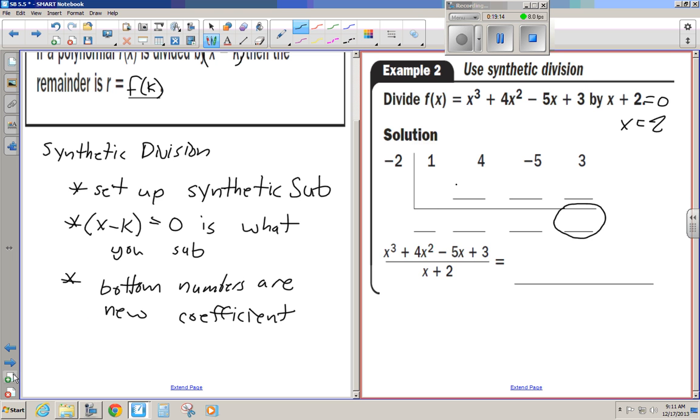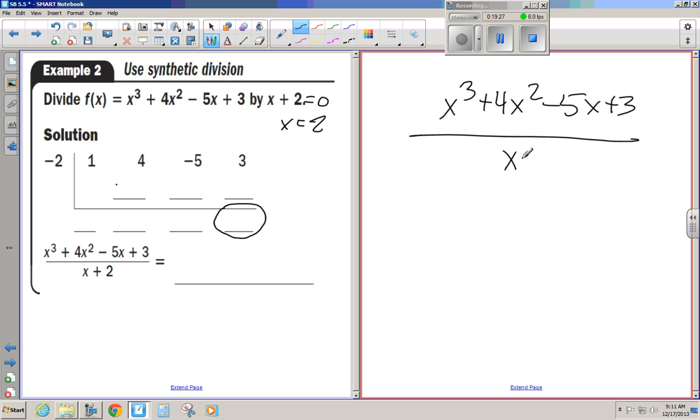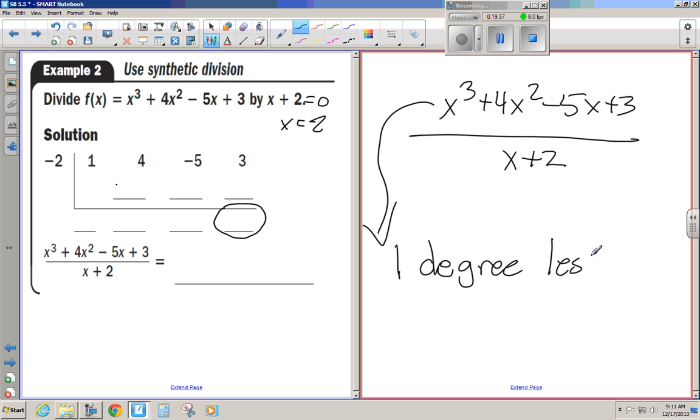And basically, the reason why is if you're taking x cubed plus 4x squared minus 5x plus 3, and you're dividing it by x plus 2, you're basically making the top 1 degree less. So basically, the x cubed becomes an x squared.